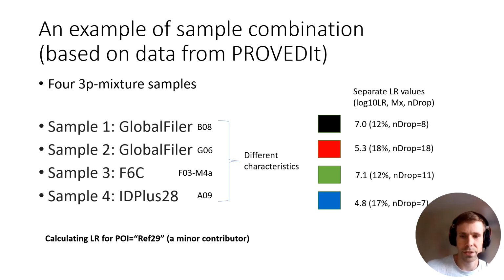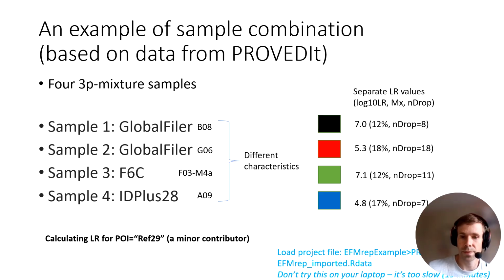When you are interested in calculating the LR for Ref29 here, which is a minor contributor for all these samples, we also notice there's a high number of dropouts, and the mixture proportions are not very high, and the LR is also not very high when each sample is evaluated separately.